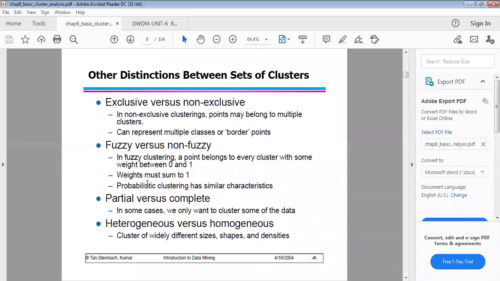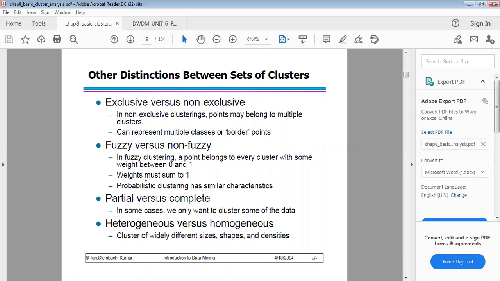Next one, distinction between the sets of clusters: exclusive versus non-exclusive clustering, and fuzzy clustering. In non-exclusive clusterings, points belong to multiple clusters, and can represent multiple classes or border points.